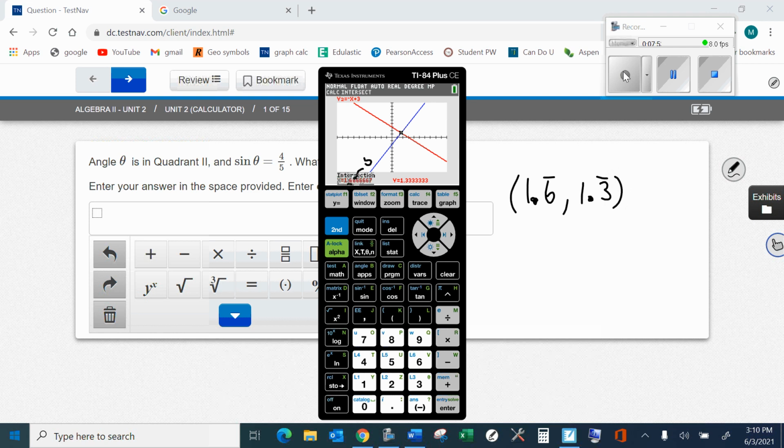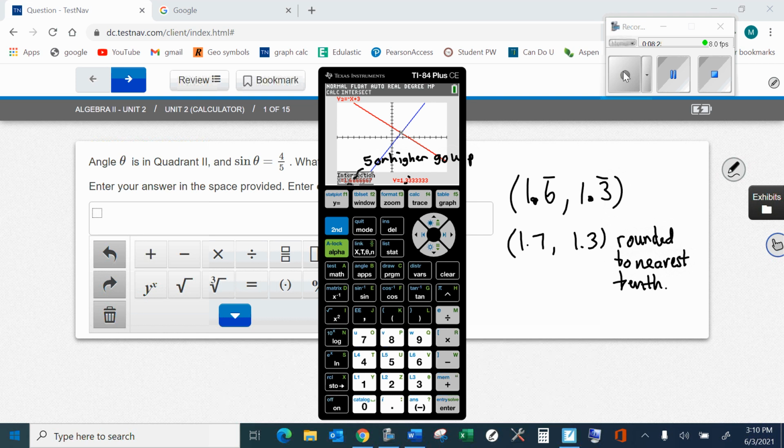If the number is 5 or higher, you round up. So that's why it'd be 1.7. Nearest 10th here, I look behind it, the next one behind it is 3. Well, that's not 5 or higher, so it stays at 3. This is rounded to nearest 10th.